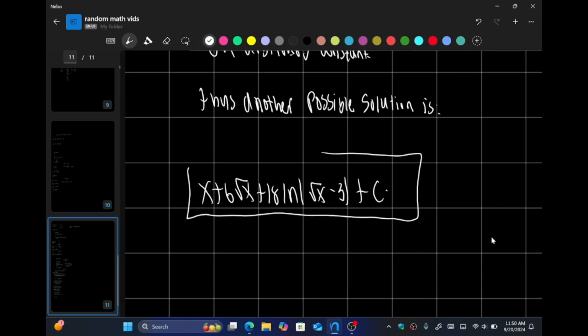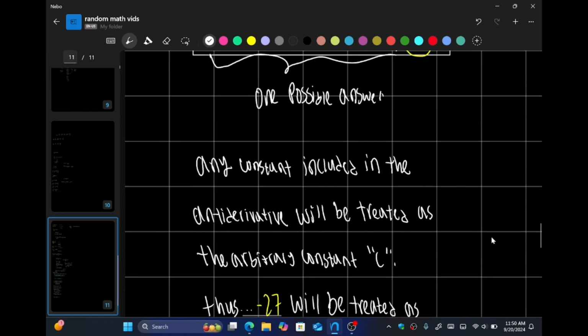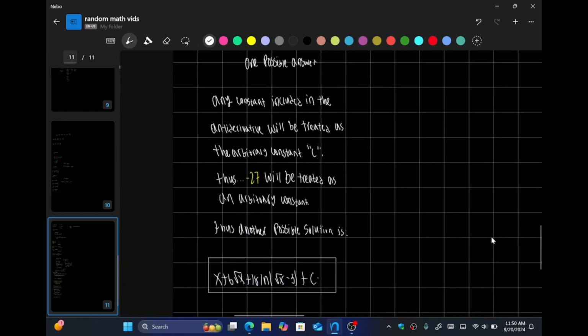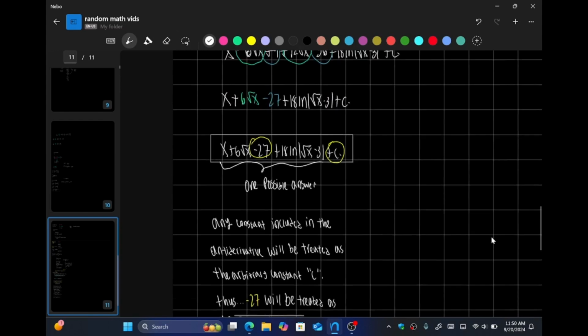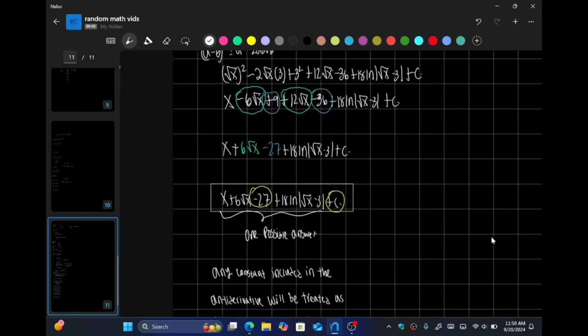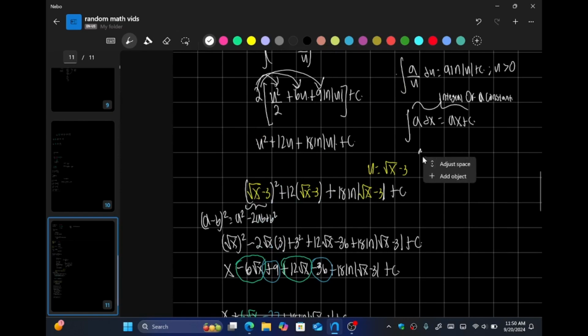Either way, guys, it is actually correct. I don't think everybody does this, but I did want to emphasize that in some cases, some professors or teachers will treat any other constant as an arbitrary constant c. But either way, guys, both are correct.